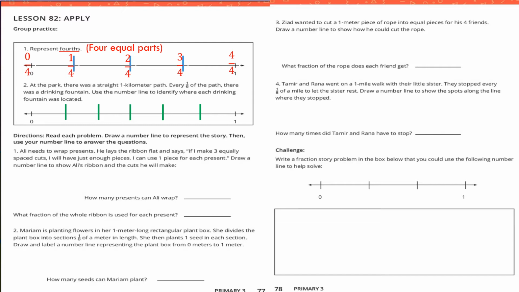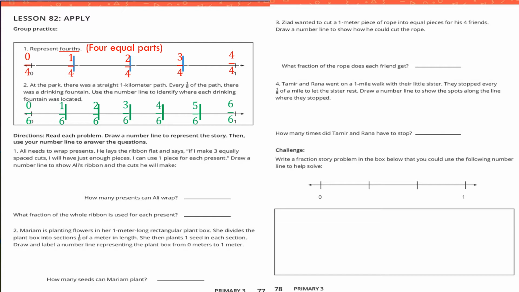Step number 2, label each dash by its fraction. 0 over 6, 1 over 6, 2 over 6, and so on till the whole fraction 6 over 6. The second practice here, we have problems and we want to draw a number line to represent each story.